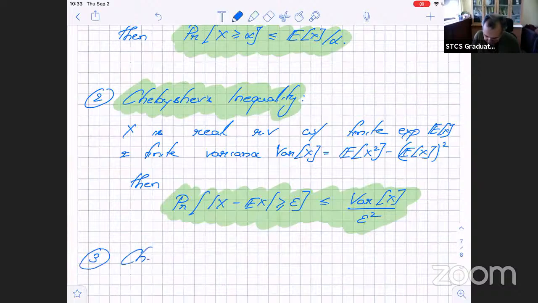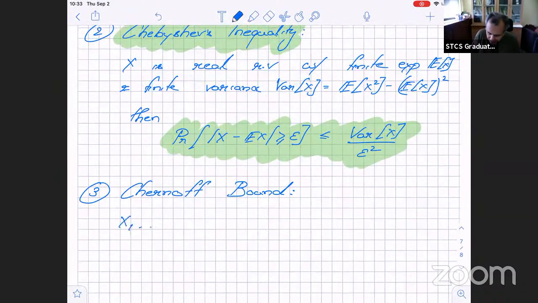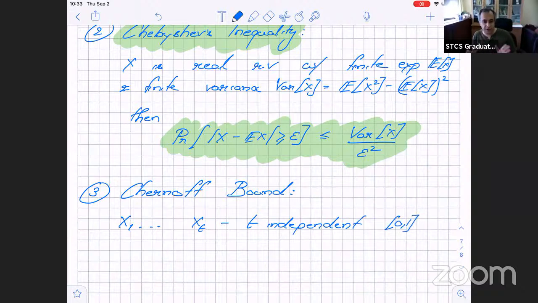The next one we'll see is the Chernoff bound. Let X1, X2, ..., Xt be t independent, but unlike before, these are bounded: they are 0-1 valued random variables.